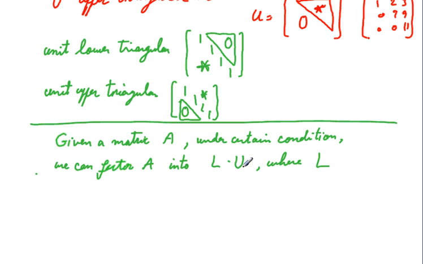To nail down just one of them, we are going to insist that our L is a unit lower triangular matrix with ones on the diagonal.